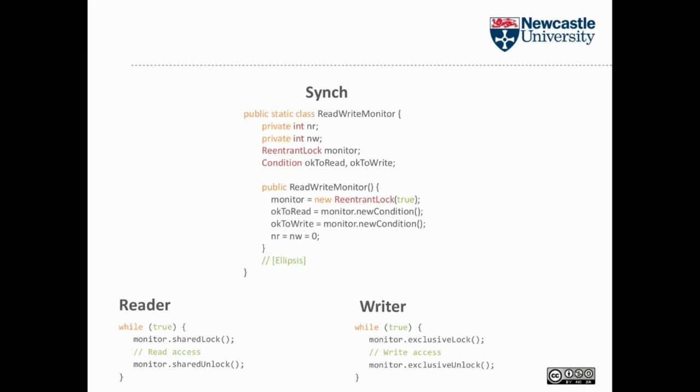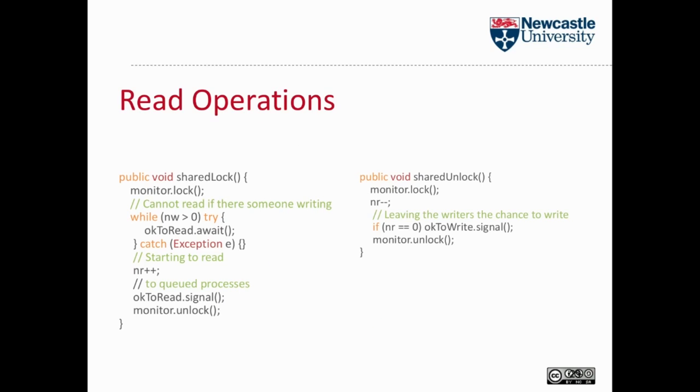Then I'm declaring one global variable, which is the monitor, our lock. Providing true allows me to ensure FIFO-ness. Then I create two conditions, whether it is okay to read or whether it is okay to write. The initialization is made explicit to 0, even though that could have been avoided.